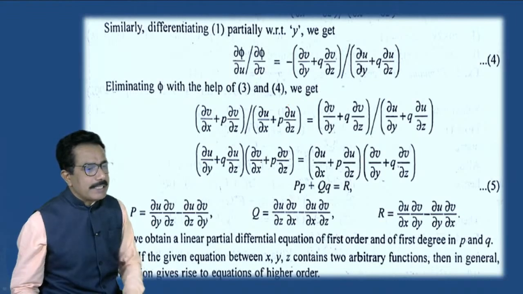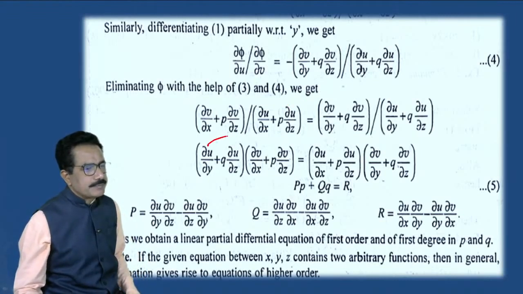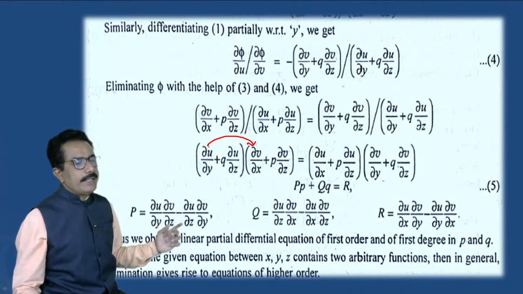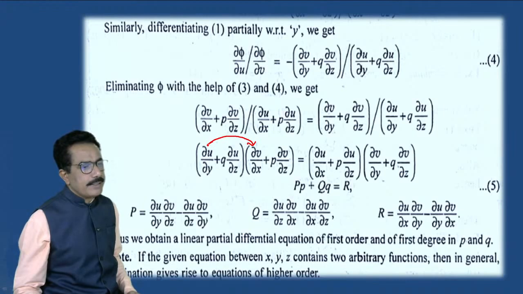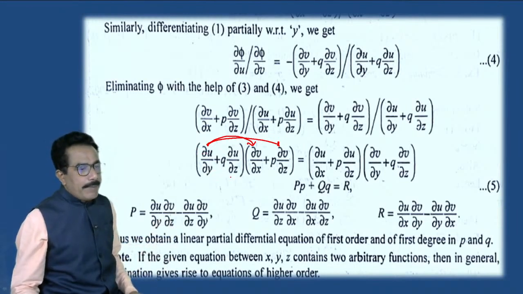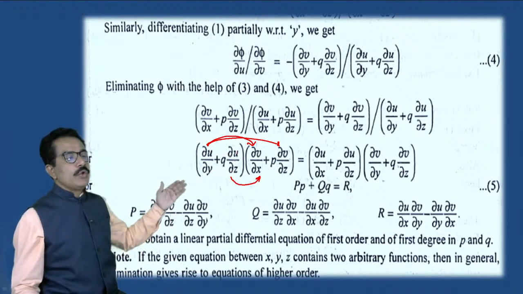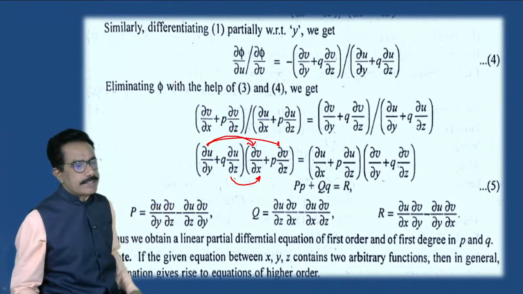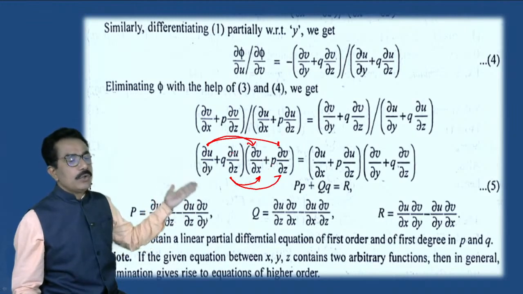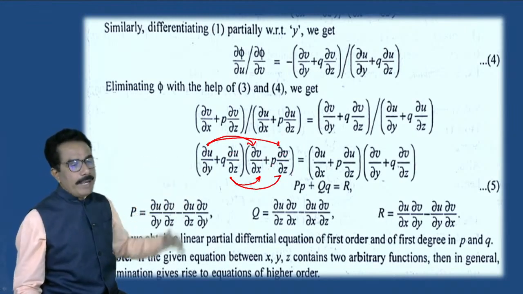If we take the multiplication of the two brackets, it means ∂u/∂y ∂v/∂x + p ∂u/∂y ∂v/∂z + q ∂u/∂z ∂v/∂x + pq ∂u/∂z ∂v/∂z.